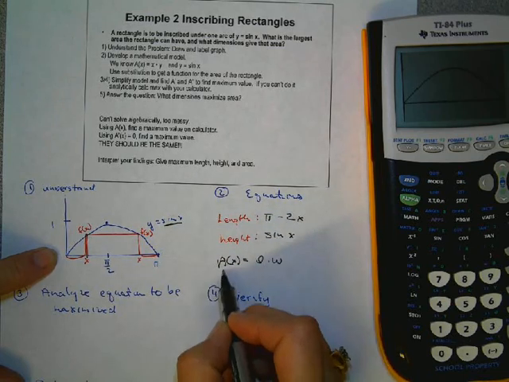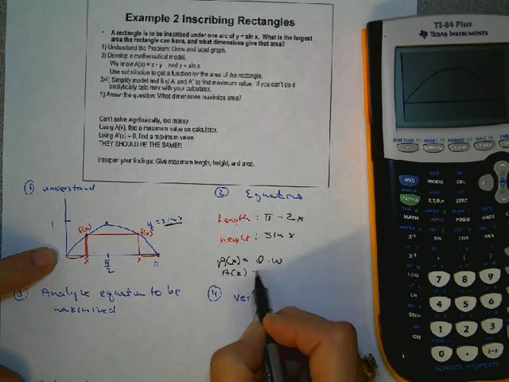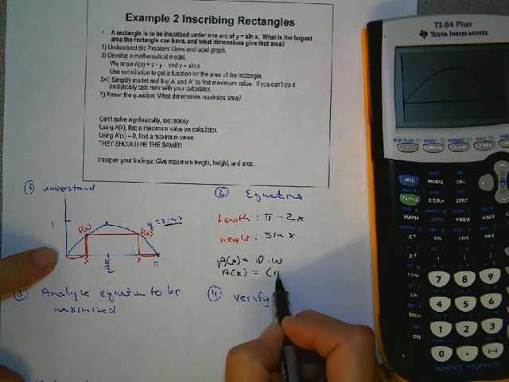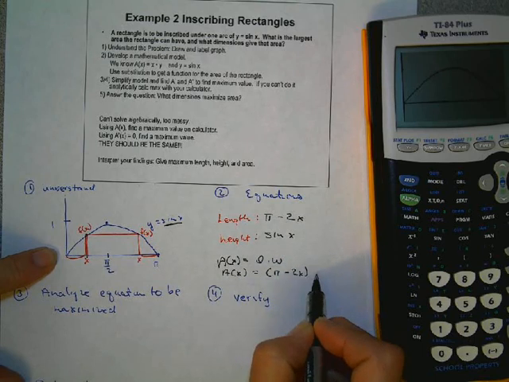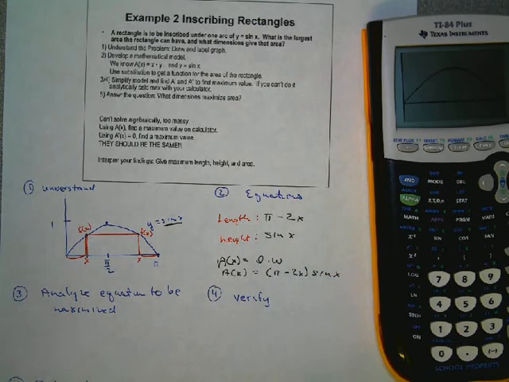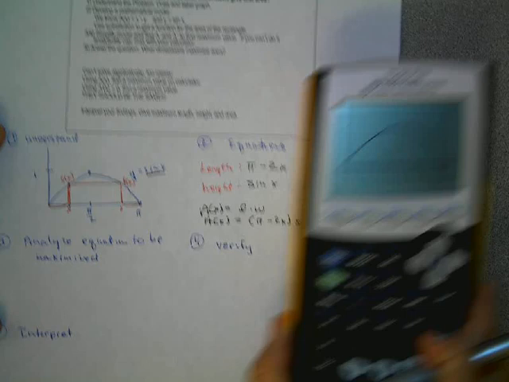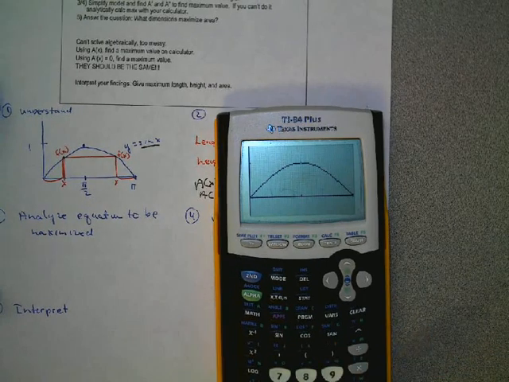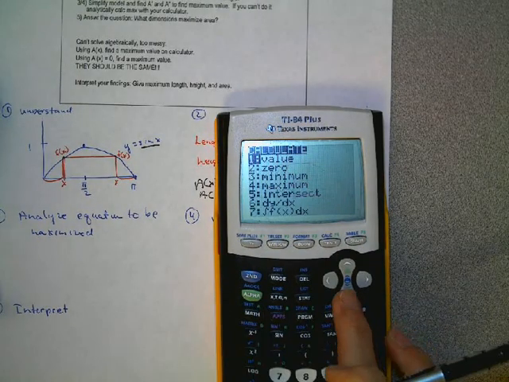So my area function that I'm going to maximize is going to be pi minus 2x times the sine of x. Now at this point, when you've got something that's more of a linear function multiplied by a trig function, there's no way to analytically solve this. So we're going to calculate our maximum.